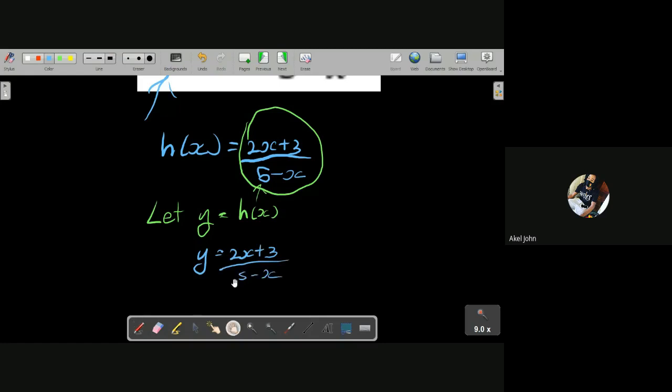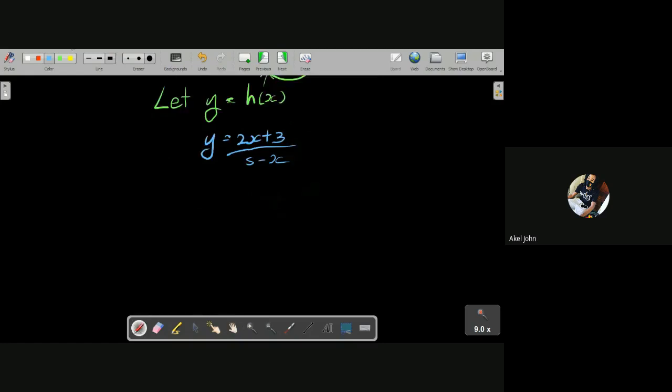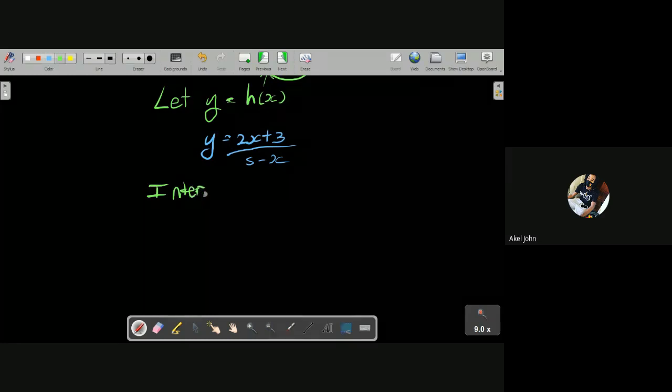And then you need to make these statements: interchange the variables.